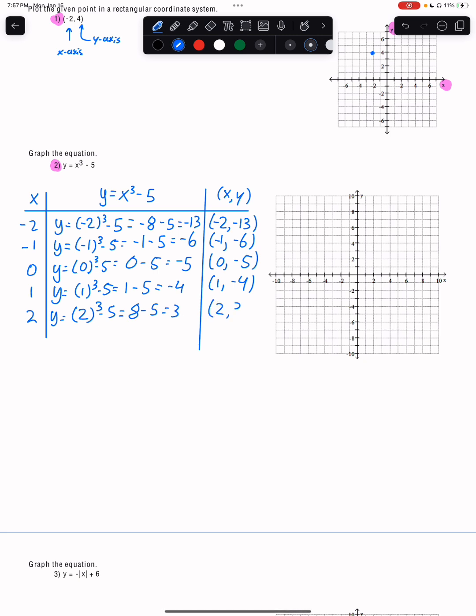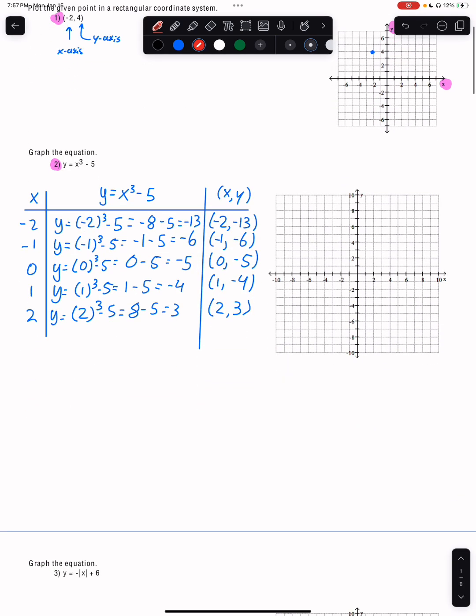And now you can see we have enough points to actually plot this out. Just like how I showed us to plot a point in the last one, we're going to look at each of these and place them on the graph. -2, -13 is going to be somewhere down here. -1, -6 right there.